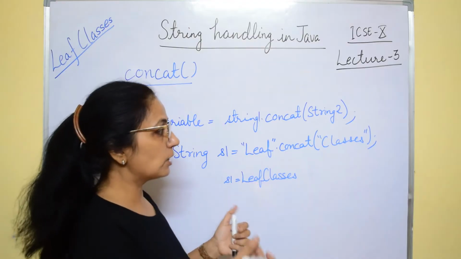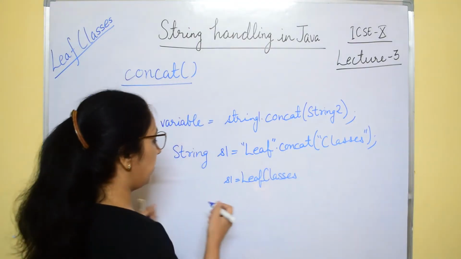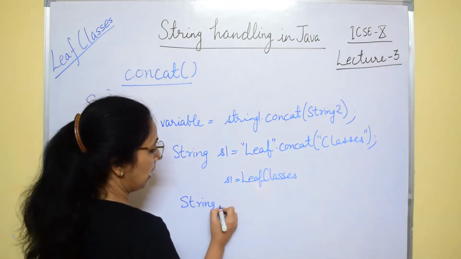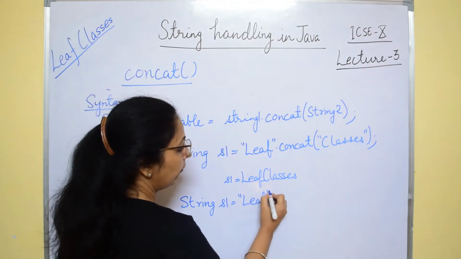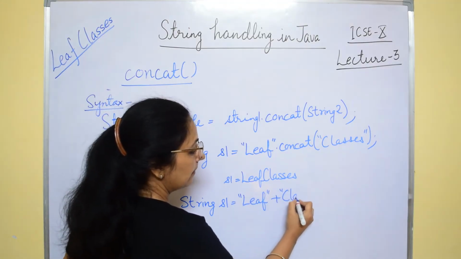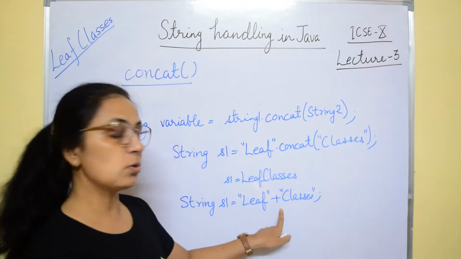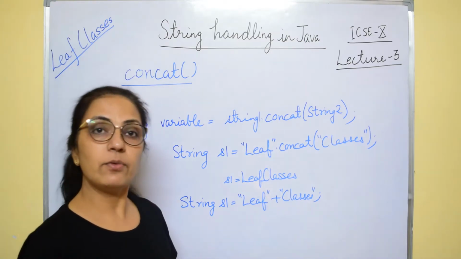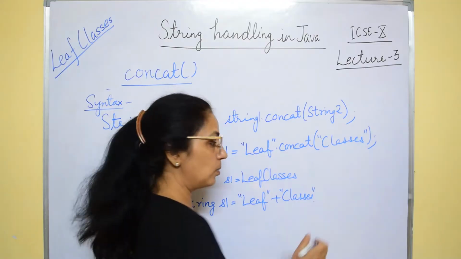Now the function which concat is doing, that is joining, can be done using the plus operator also. So String s1 equals to, we can write "leaf" plus "classes". So here this plus operator is used to join two strings. Now with the plus operator we can write more than two strings as well.